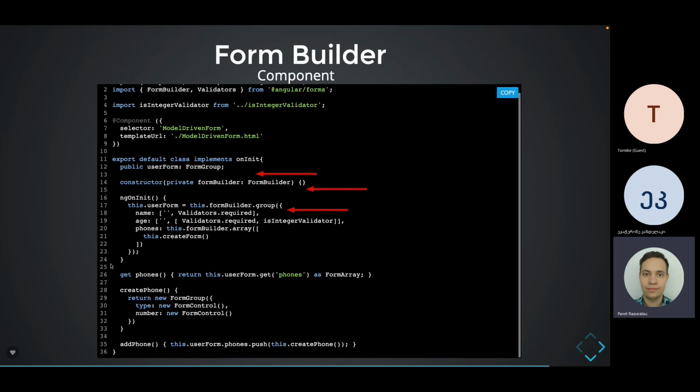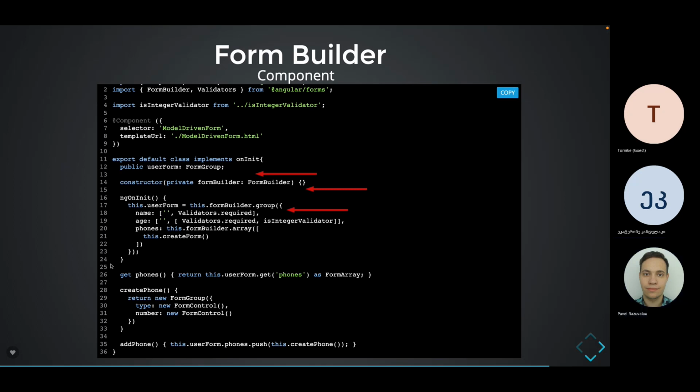In the future, if we want to create new controls of the form array, we just invoke the addPhone method to push the new control to the form array. And actually, in the createPhone method, we could have used the form builder as well as in ngOnInit.